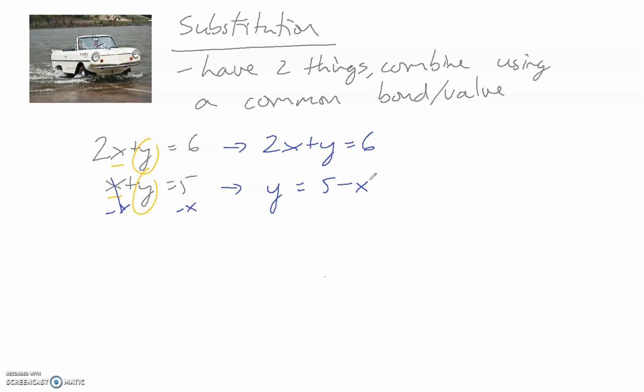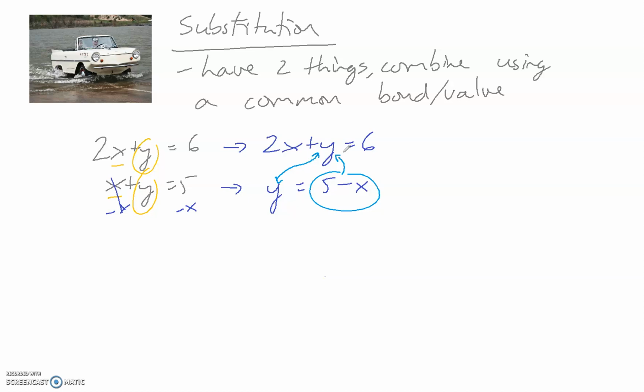And now what I can do is actually substitute into the first expression. I've got 2x plus y is equal to 6, but y is also equal to 5 minus x. So those two y's are the same. There's no difference between those two y's. So instead of having a y in this expression, since these two parts are equal to each other, I can take this and substitute that in there, and that's why it's called substitution.